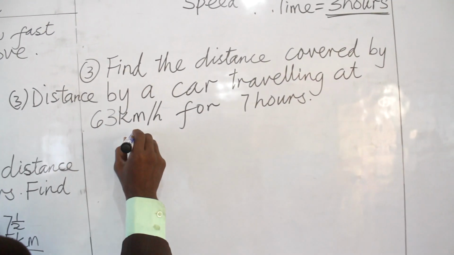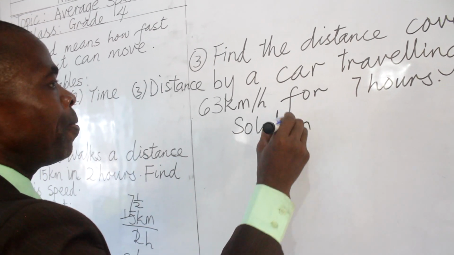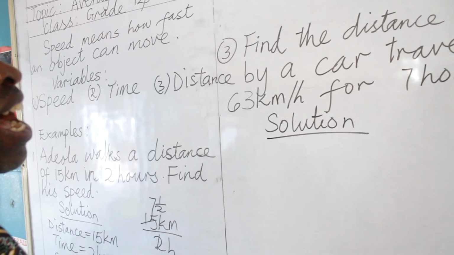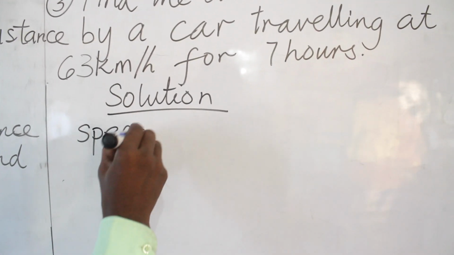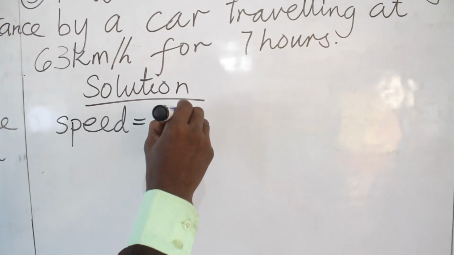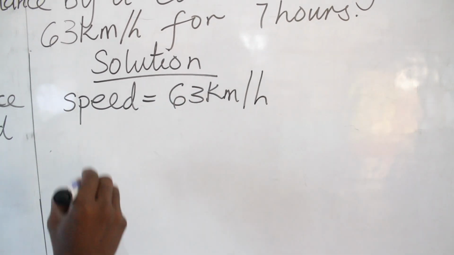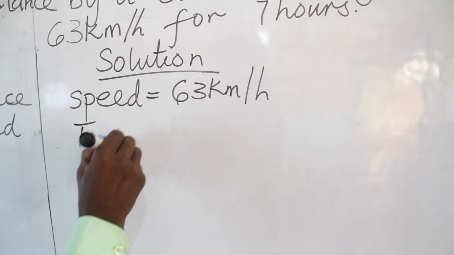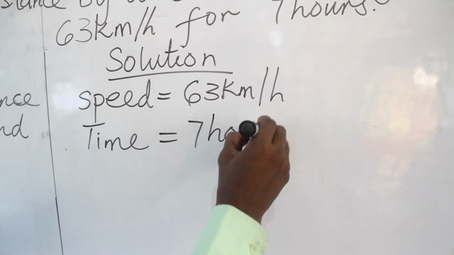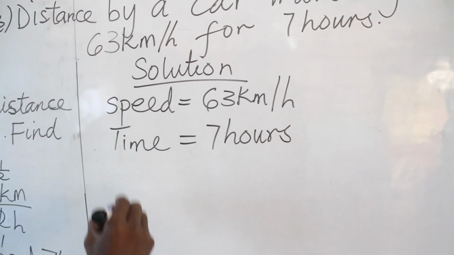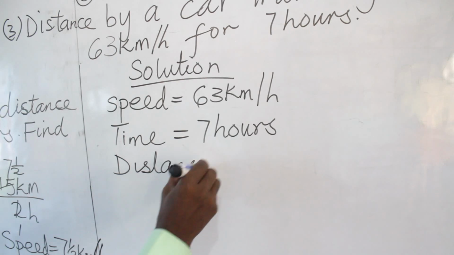Now, solution. How do we get the distance? Pick out the variables that are given. We have the speed given to us as 63 kilometers per hour. We have the time given to us as 7 hours. But the distance we are not given.